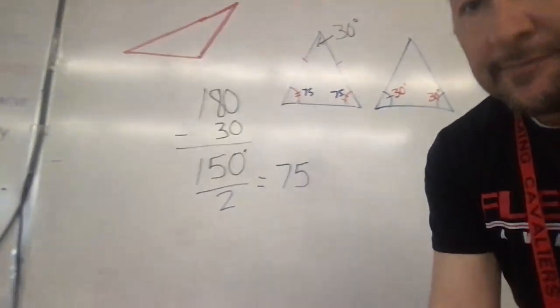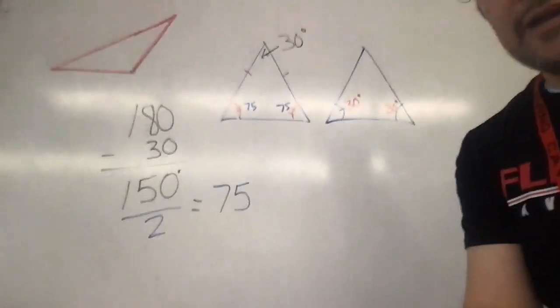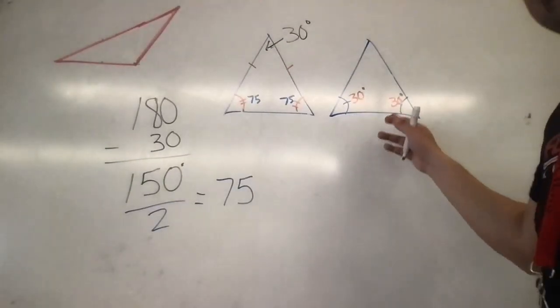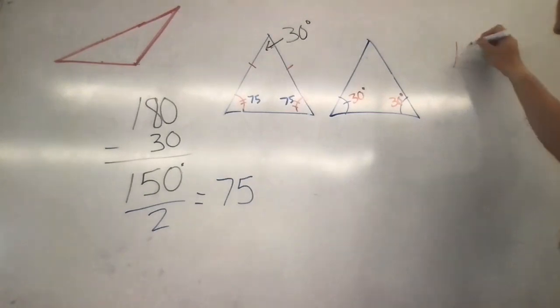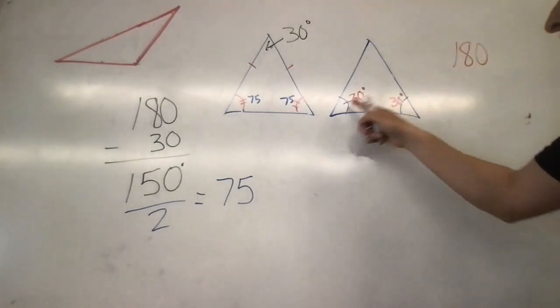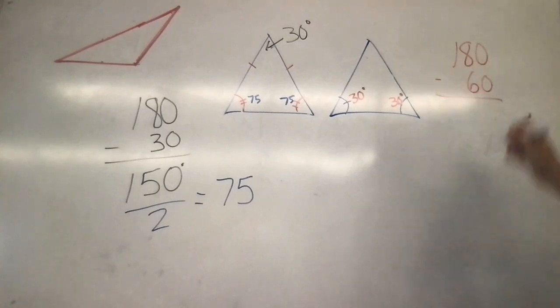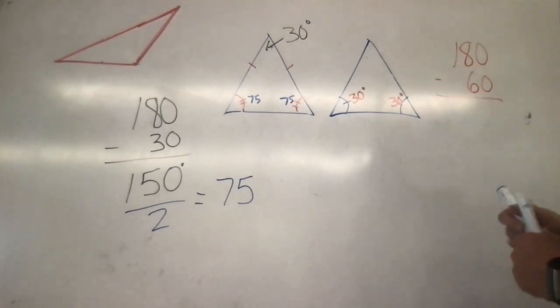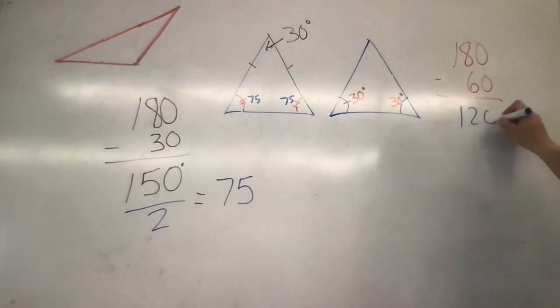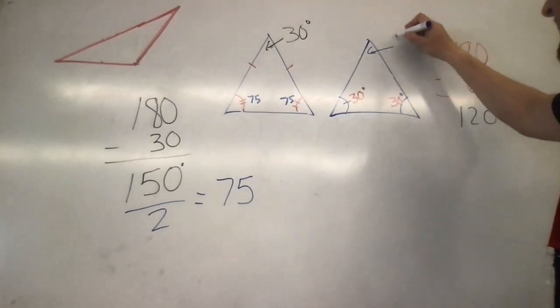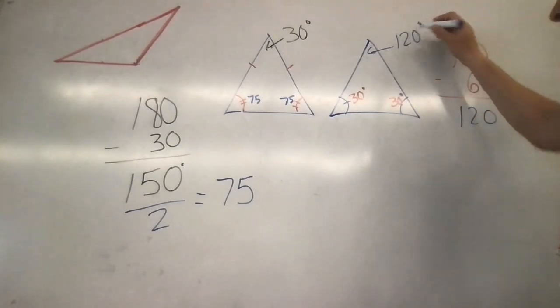And if we have these two right here being 30, then let's see, we start with 180. So far, we've used up 60. How much do I have left? 120. That means this one has to be 120 degrees.